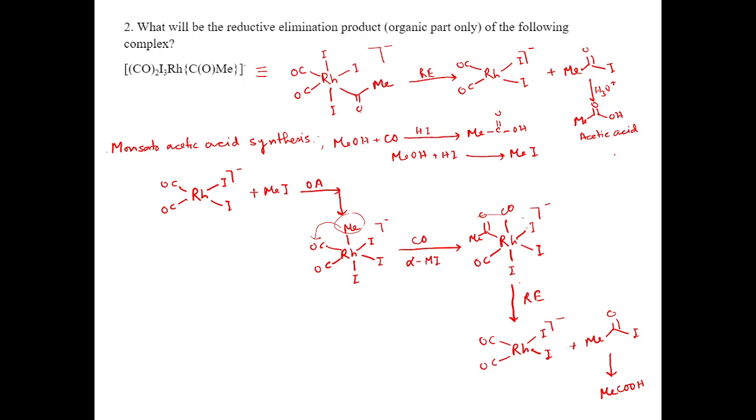So that I already discussed. This is called the Monsanto acetic acid synthesis.